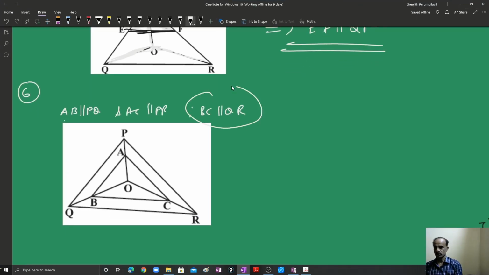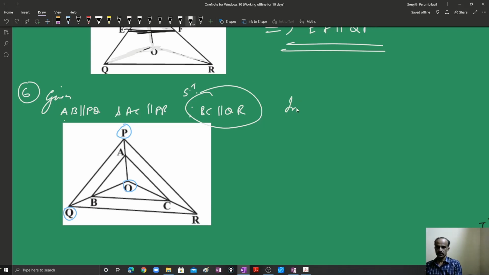To show that BC is parallel to QR, the given is this in the triangle; you write all those things. In given, what is given? This part is given. To show, or to prove, that BC is parallel to QR. It is given that AB is parallel to PQ. Now the proof part. I'm going to take this triangle, POQ.